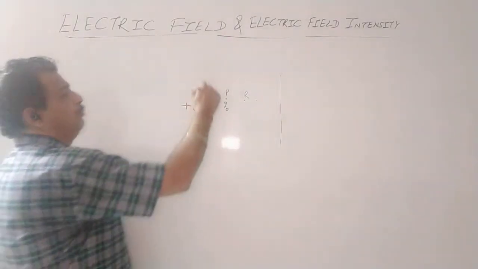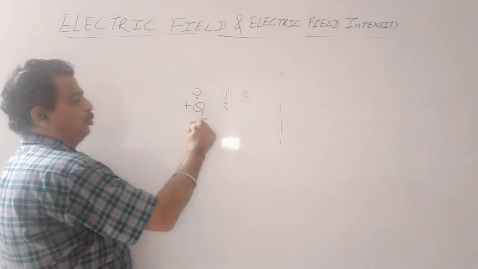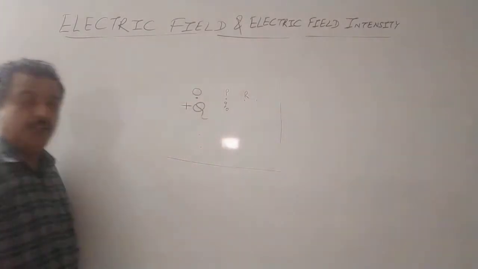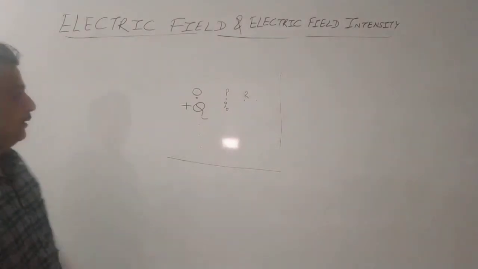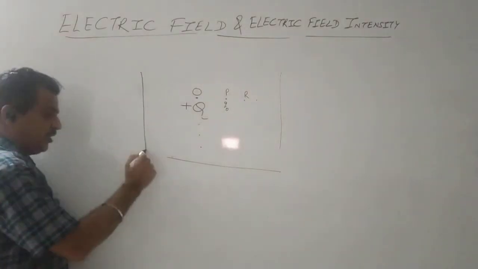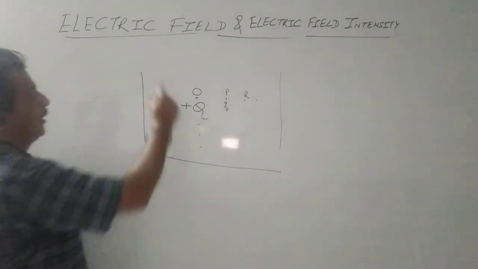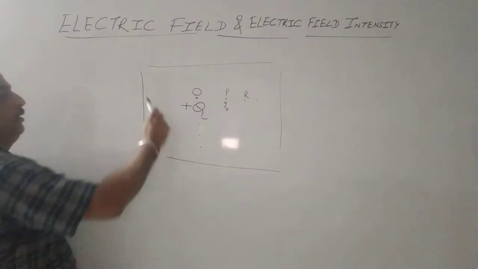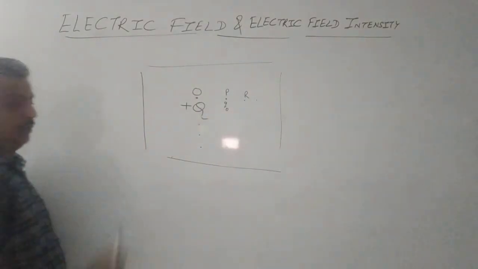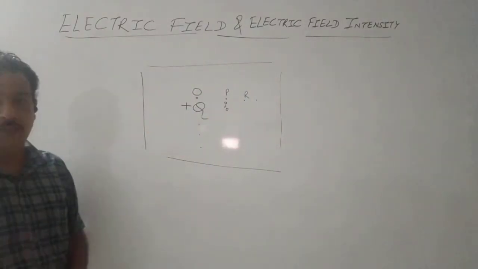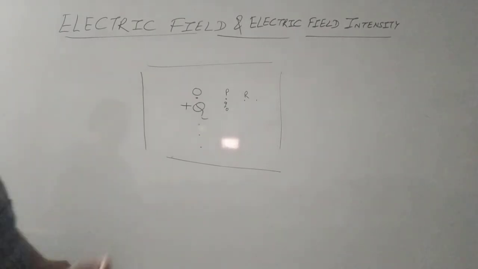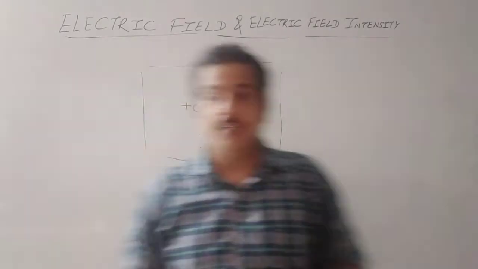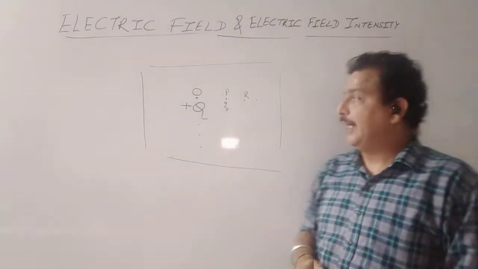Similarly, if you move to the other side of Q, again let us assume it has a range or limit up to this line. Similarly, the range up to this line, the range up to this line. So if I join all these limits of the plus Q charge, whenever I keep a charge in it, there is a force of interaction, either repulsion or attraction.